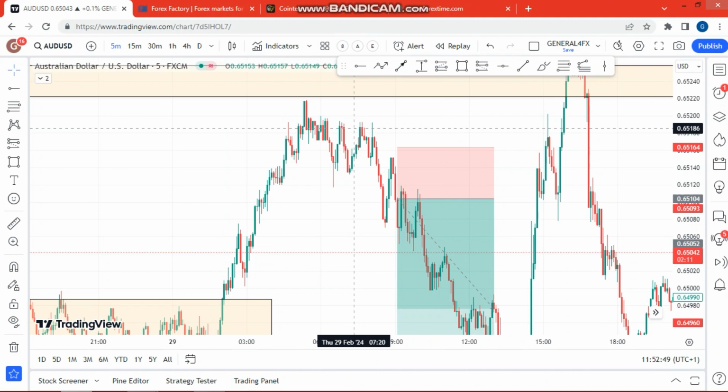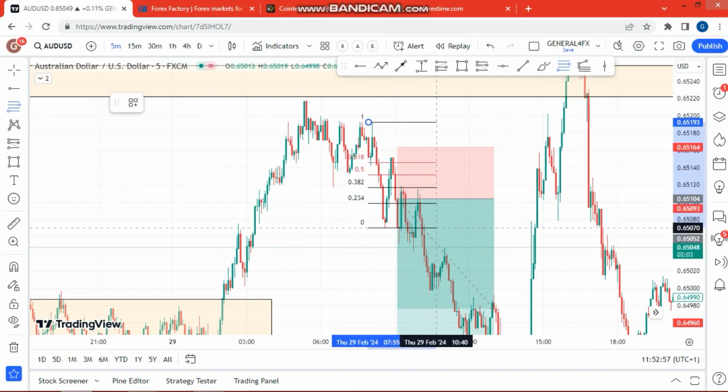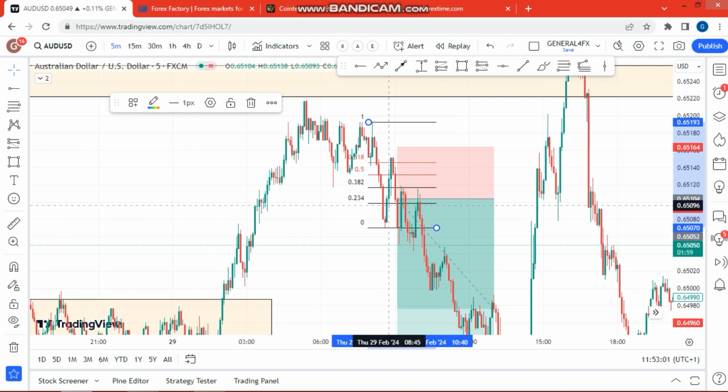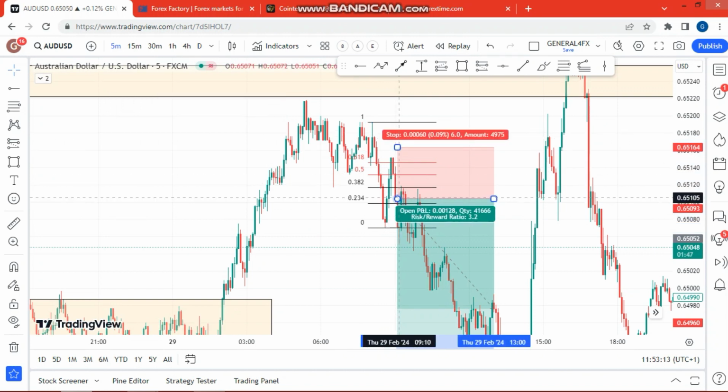Another thing to look at when you're using this strategy is your Fibonacci retracement. And look at that, price came to the downside, pushed the downside, came back to retest and tapped in that 61% area, and you already know there's a retracement happening right there, and I took my position here and voila.